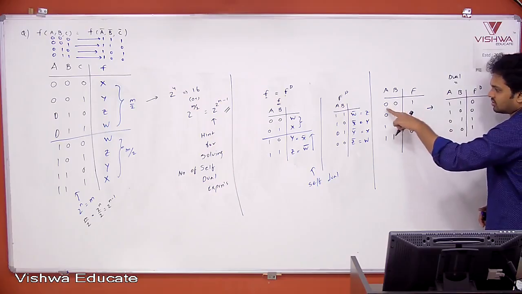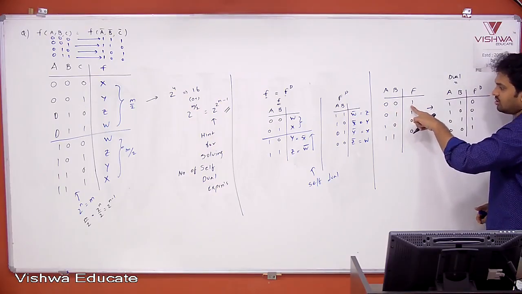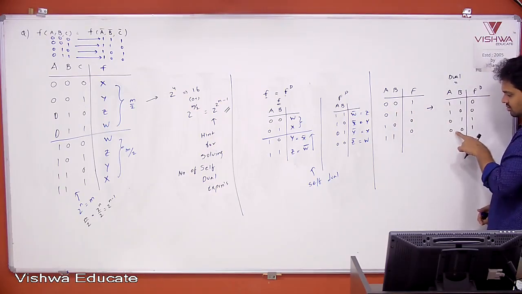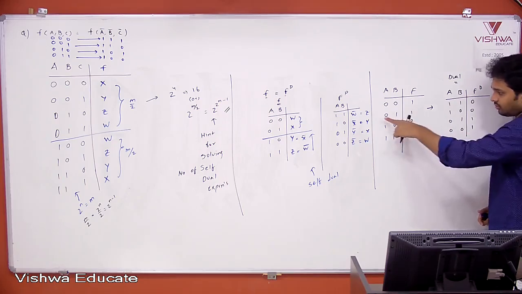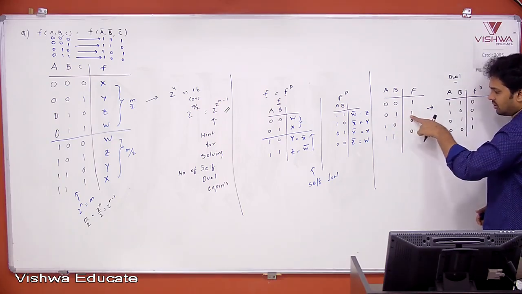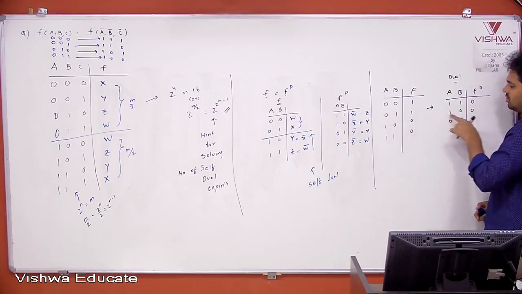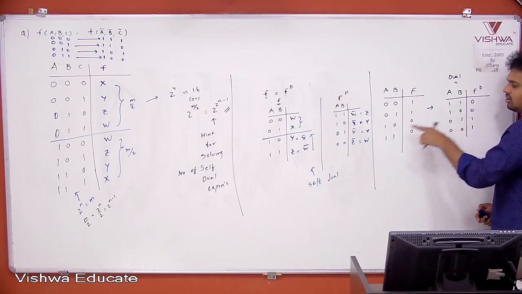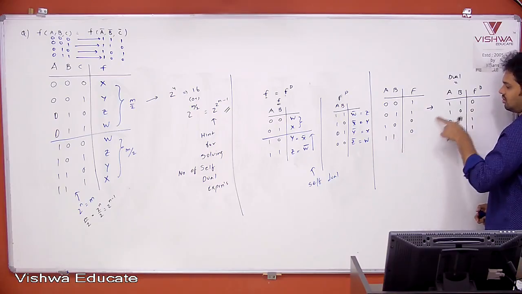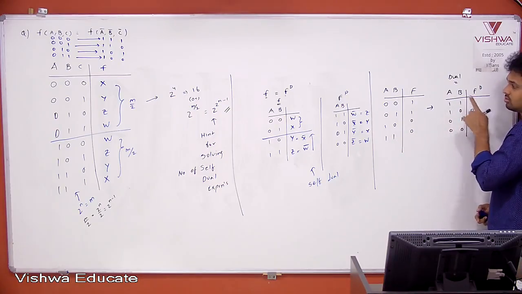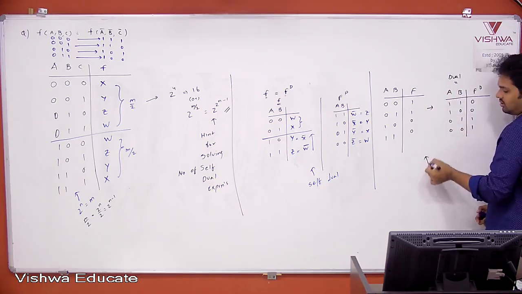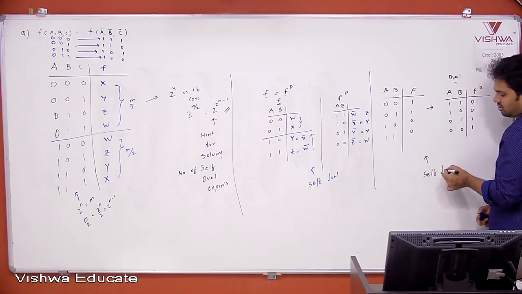In the original function, 0 0 is giving me 1. In the dual, 0 0 is giving me 1. Okay. In this, 0 1 is giving me 1. Here also 0 1 is giving me 1. Here 1 0 is giving me 0. Here also 1 0 is giving me 0. 1 1 is giving me 0 here. Here also 1 1 is giving me 0. So it is a self-dual.